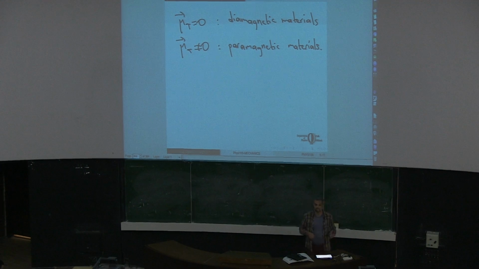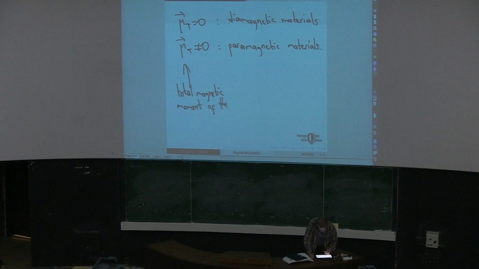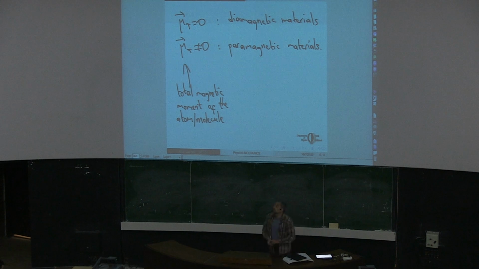So if you consider a paramagnetic material, it's mainly made up of many atoms or molecules that have some total magnetic moment.